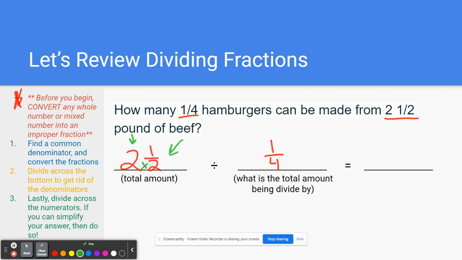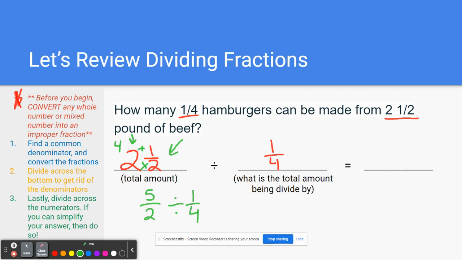Well, 2 times 2 is 4. And then we add in the numerator. So 4 plus 1 is 5. That becomes our new numerator, and our denominator stays the same. So 2 1/2 is the same thing as 5 halves. So now our question is 5 halves divided by 1/4.